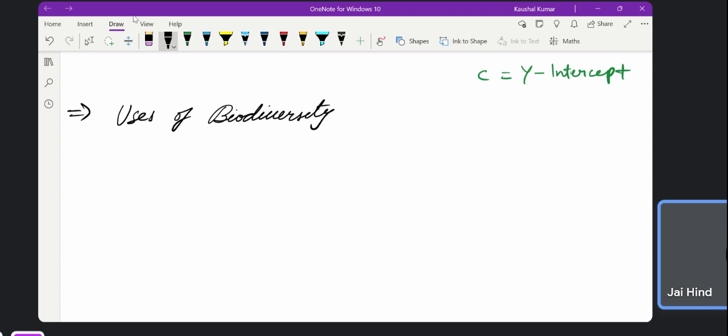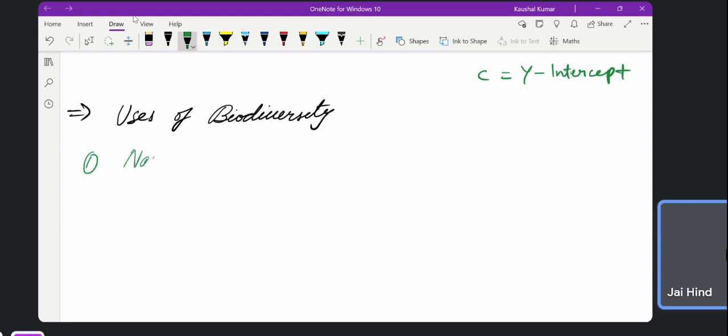So the uses of the biodiversity are very many, for so many points we have seen in class also, and here also we'll see the other uses of the biodiversity. I will tell you directly in points.